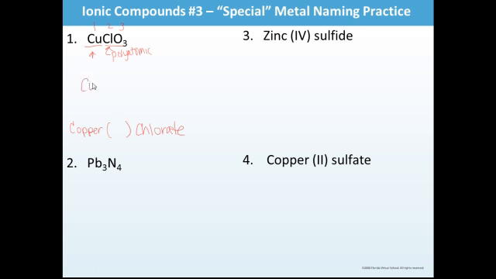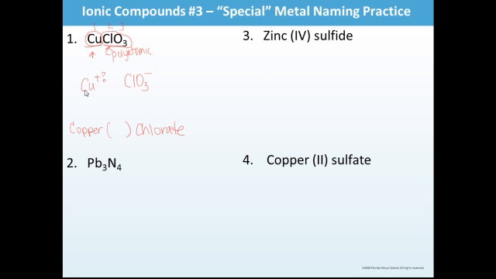Well, I know that copper is going to have a plus something charge. And then we're going to look on our list of polyatomic ions. Okay, the charge of chlorate is a -1, so we just put a negative. And when we look at our formula, we see that we only have 1 copper and we only have 1 chlorate ion written there.